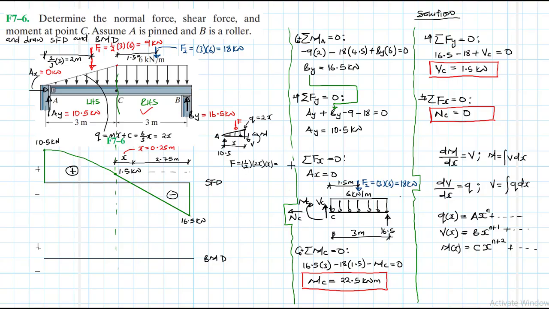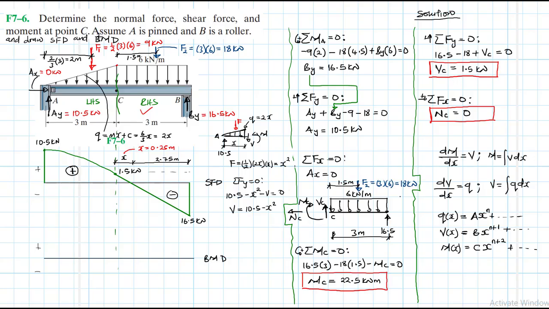So this just gives us x squared, right? And then summation of forces in the y direction, we have 10.5 minus F, which is just x squared, minus V equal to 0, and therefore V, which is a function of x, is equal to 10.5 minus x squared. All right, so this equation is vital.